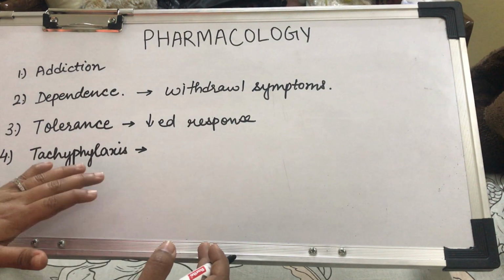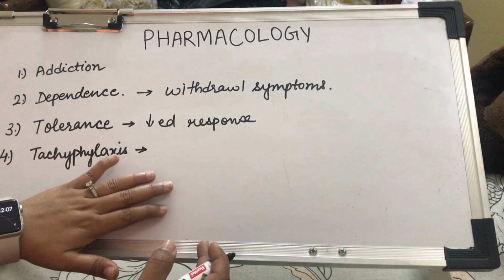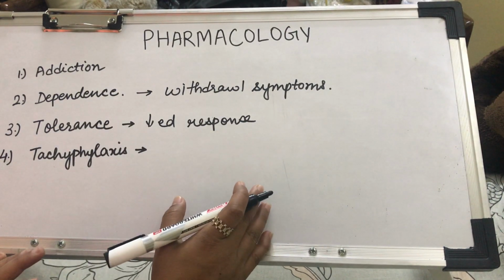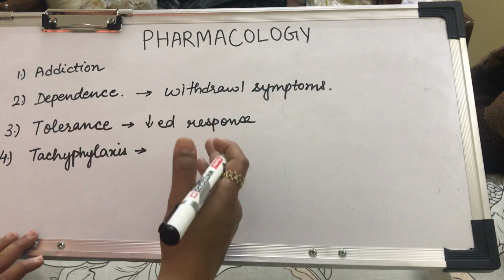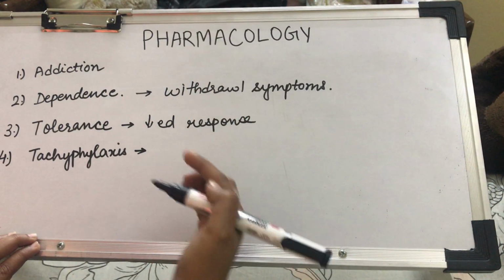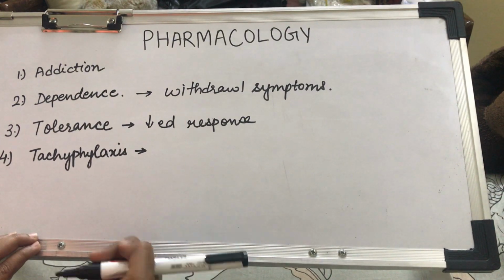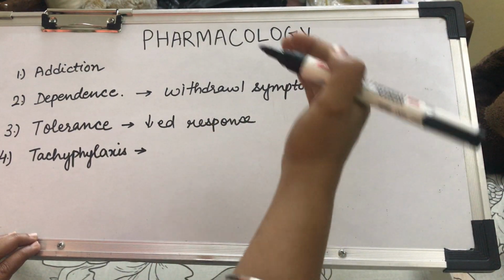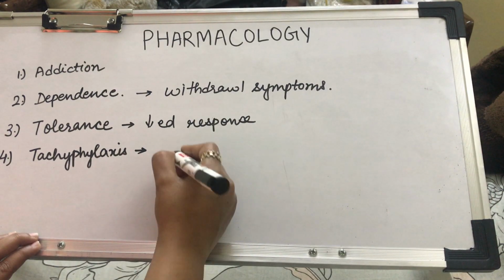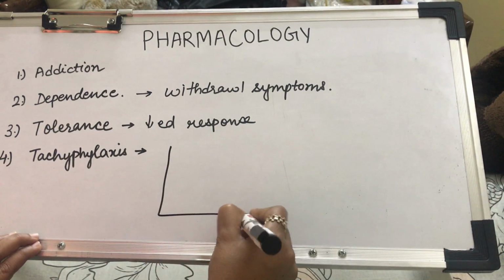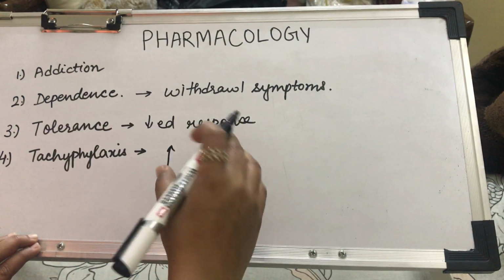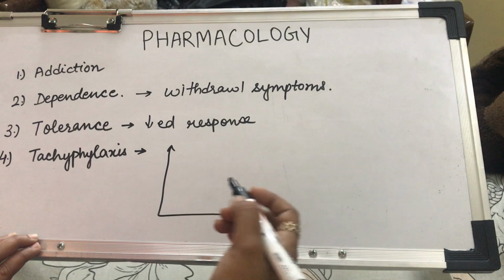But in tachyphylaxis, you have taken one initial dose, a single dose, and when you take that drug for the second time, suddenly there is a decreased response. Then you take the drug for the third time, and the response is further decreased. So that is tachyphylaxis, a sudden short-term onset of drug tolerance.